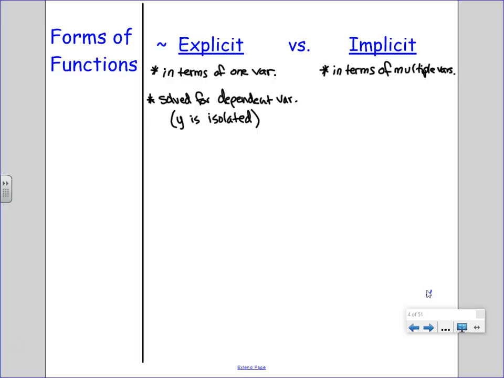You might have like a's and b's. I shouldn't say that, those are usually constants. Could have v's and r's and h's all mixed in. Just multiple bars are in there. They're all mixed up, or non-isolated.